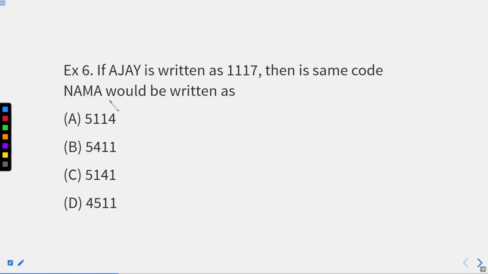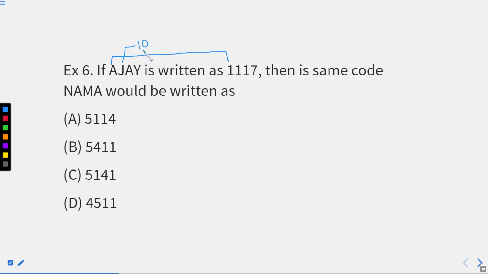Now this is a different concept, totally different from the other 5 that we have done till now. This question says, if the word Ajay is written as 1117, then the same code NAMA would be written as what? Now you can directly relate the letter A with its place value. For Z, we know the place value, that is 10.